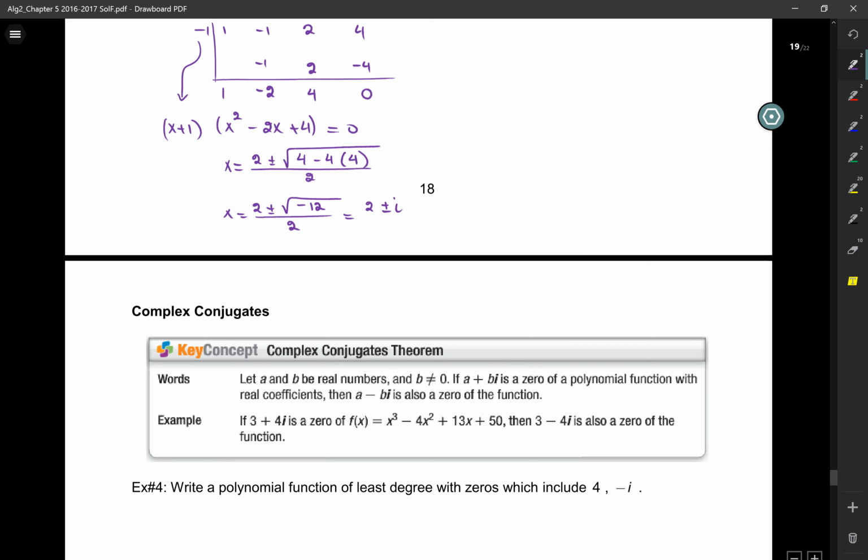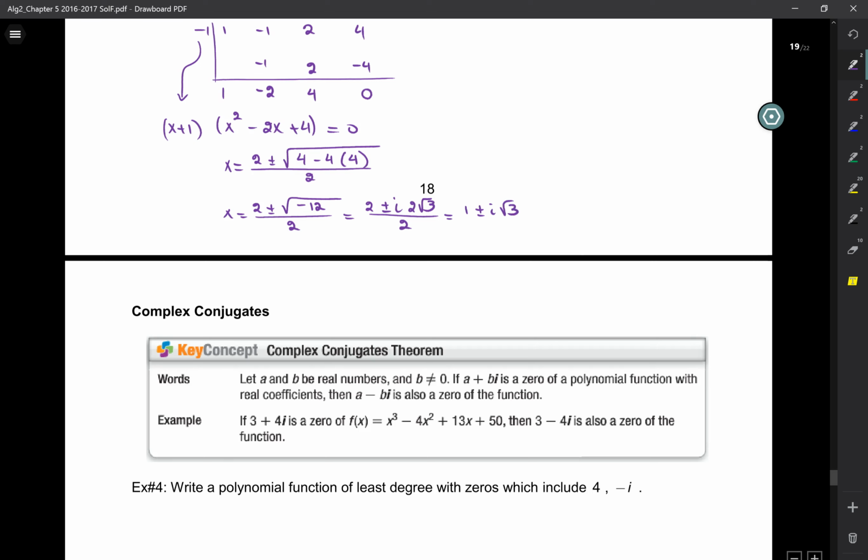And what does root 12 simplify to? 2 root 3, all over 2. So this is going to be 1 plus or minus i root 3. So finally, what are my zeros? x equals -1 and x equals 1 plus or minus i root 3. Okay? All right.